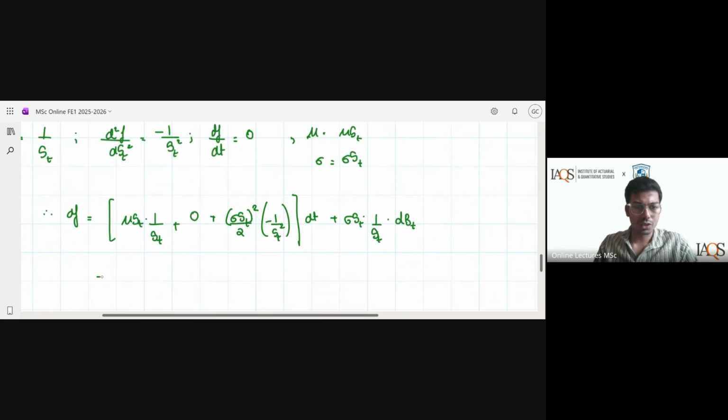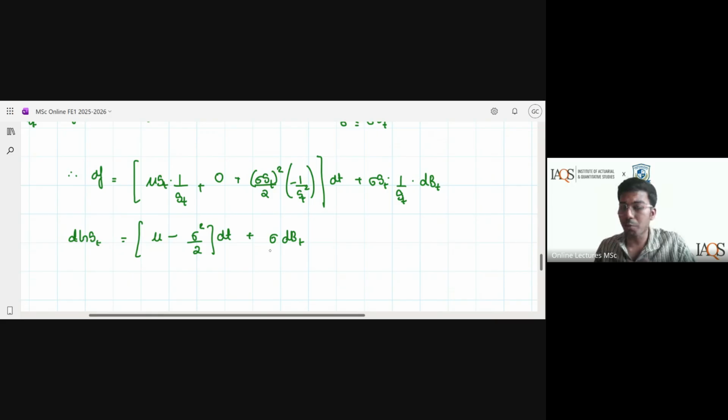Now, if I solve this, St will get cancelled. This is the equation of d of ln St. St will get cancelled, mu plus St square will get cancelled. I have minus because there is minus 1 over here. So minus sigma square by 2 dt plus St will get cancelled, sigma dBt.